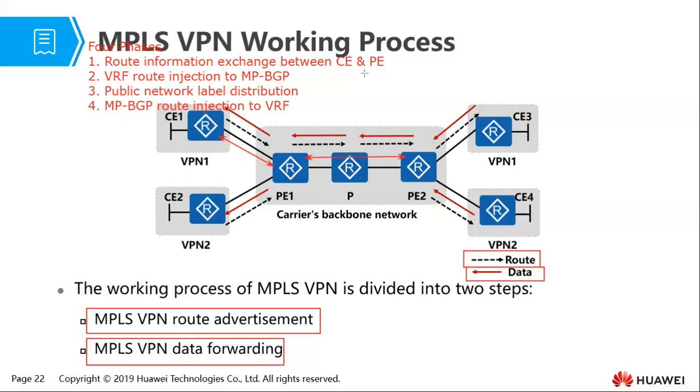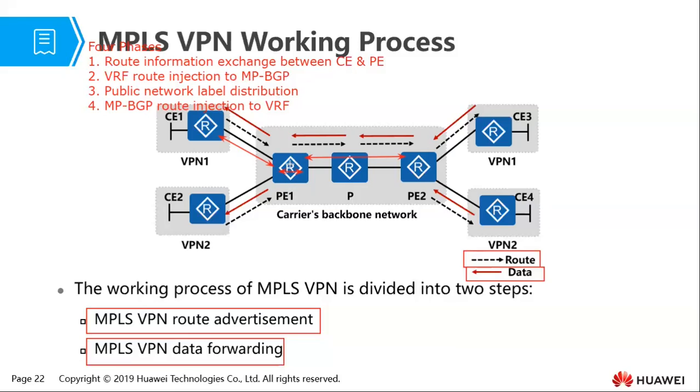Now, what you're simply saying there in step 2 is that when we import a VPN route here, it's going to be stored in the VRF, the VPN routing and forwarding table. And after that, we have to transfer that route to the global routing table, and that global routing table actually uses MP-BGP. So that's what we are saying: VRF route injection to MP-BGP.